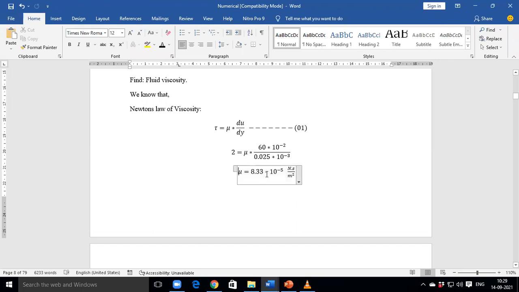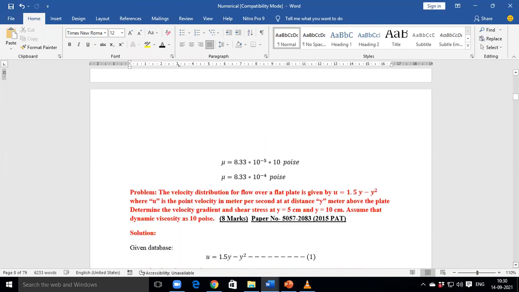So what will be its value? Whatever value is coming, 8.33 into 10 to the power minus 5 in Newton second per meter square, if we need to find it in poise, we simply divide by 10. Divide the same value by 10.